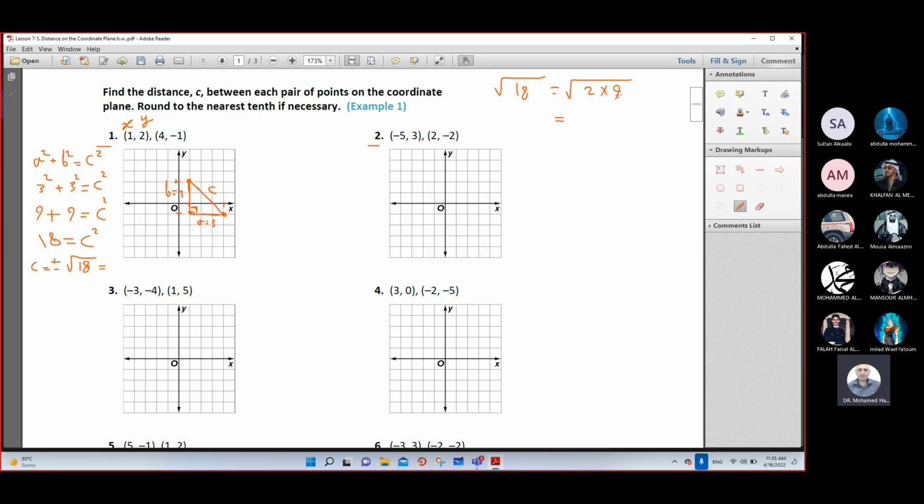Which number multiplied by itself equals 9? 3. So the square root of 9 will be 3. Square root of 2. So the simplified form of the square root of 18 will be 3 square root 2. And if you have a calculator, you can find the value exactly, but here we want to use estimation.